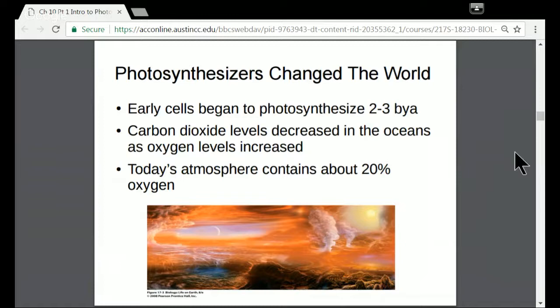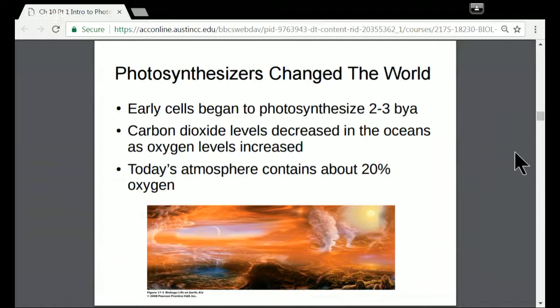And yet there were living things. They were very simple, single-celled organisms, very likely prokaryotic. And at a certain point, some of these cells began to photosynthesize. So they could suddenly take in all these nice carbon compounds, capture the sun's energy, and they could release oxygen gas, which they did quite a bit.